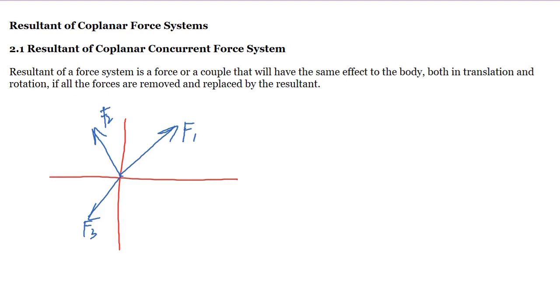If we are going to compute for the resultant of these forces, so for example, nandito yung resultant niya, and this is the resultant. Of course, it has the magnitude and direction. If we are going to remove the force 1, force 2, and force 3, this resultant R will have the same effect to the body, both in translation and rotation.